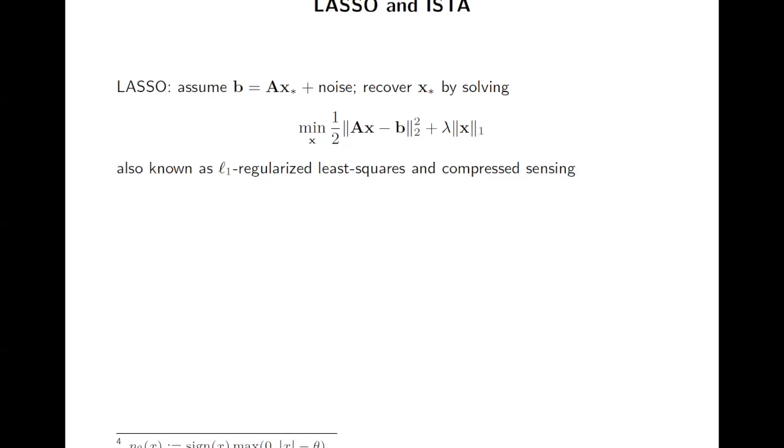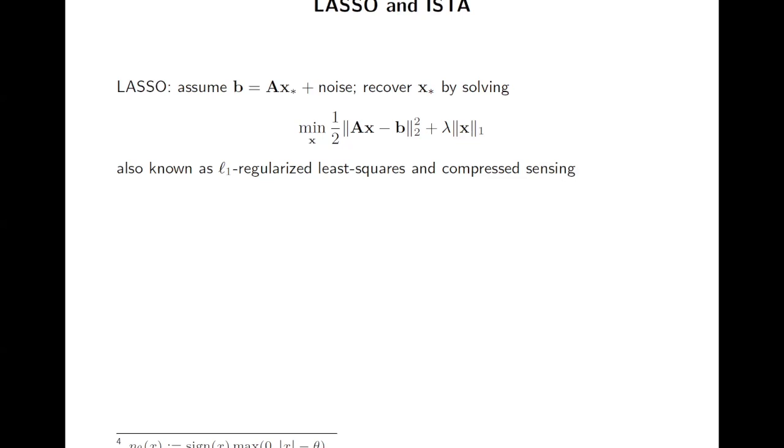So we observe x star through a linear transform A, maybe with some noise, and what we can observe is the observation B. B is a lower dimensional but dense vector, and we want to recover x star from the observation B, and this can be done by this optimization problem.